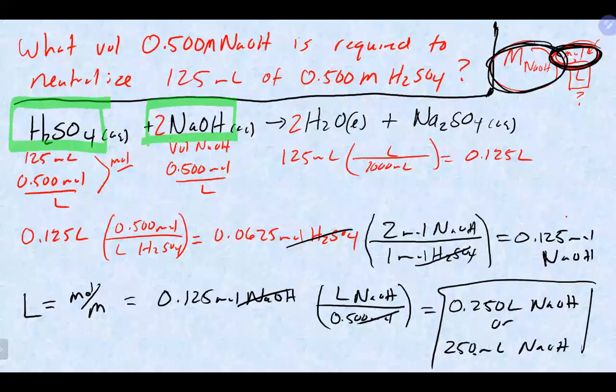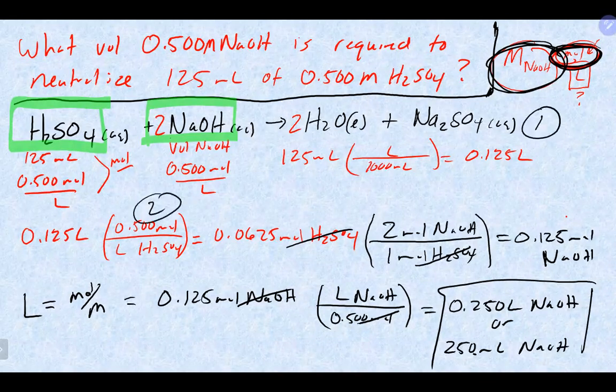Any questions on any of those steps there? Once again, that is step one, convert to moles, mole to mole relationship, and convert our moles to some other unit. Any questions?